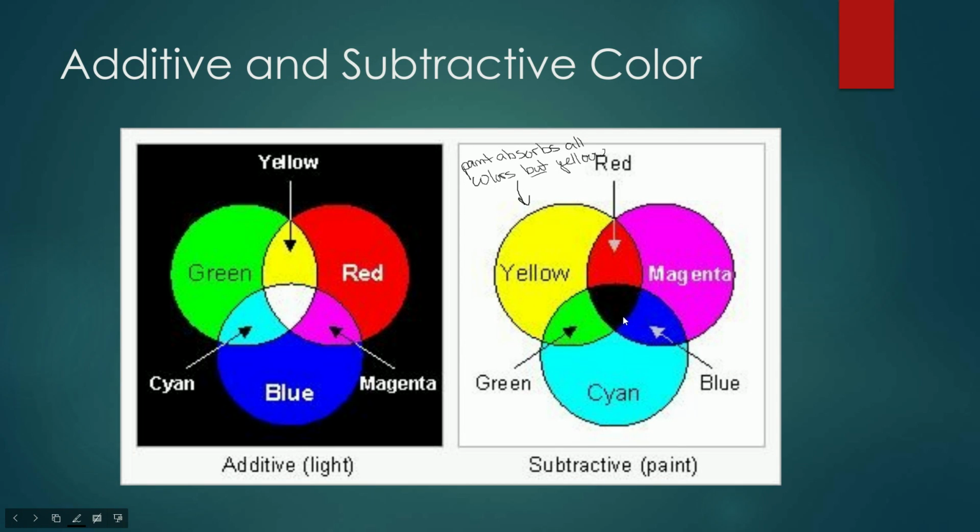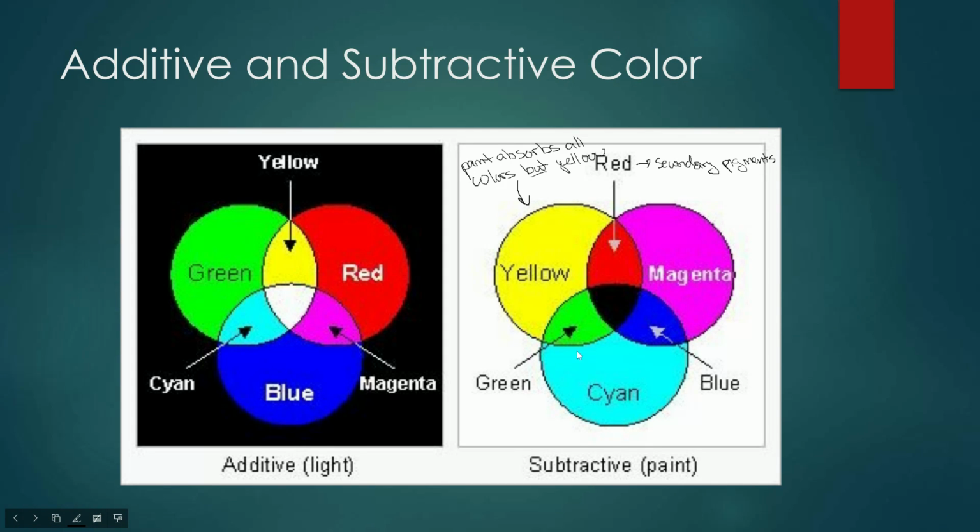So red, green, and blue are actually the secondary pigments. And that's not really what we're taught. We're taught that red, green, and blue are primary colors, but they are secondary pigments, because they come from the combination of 2 of the 3 primary pigments.